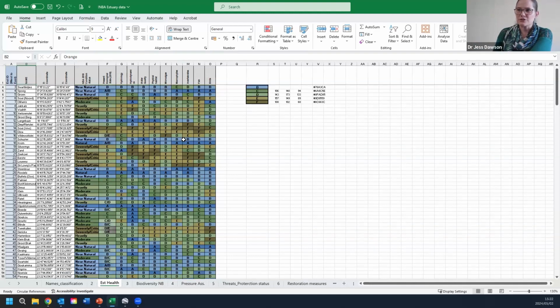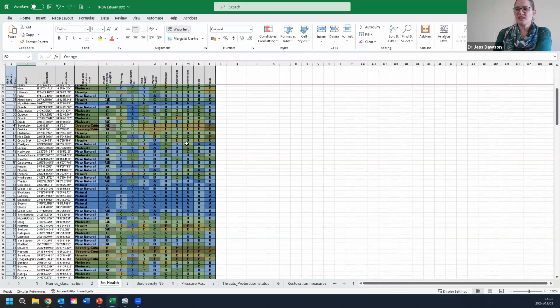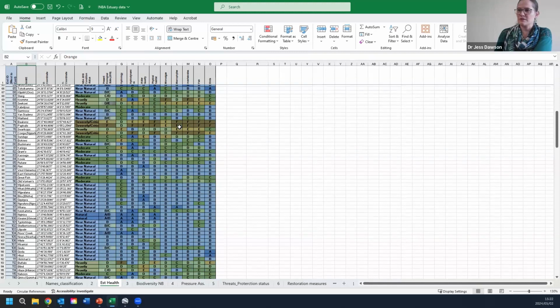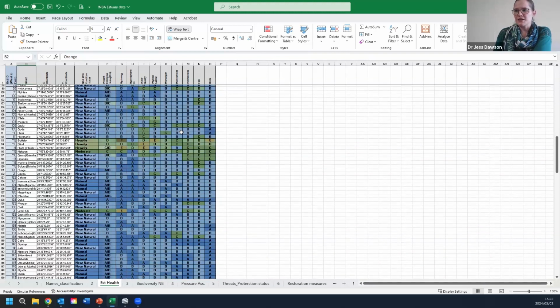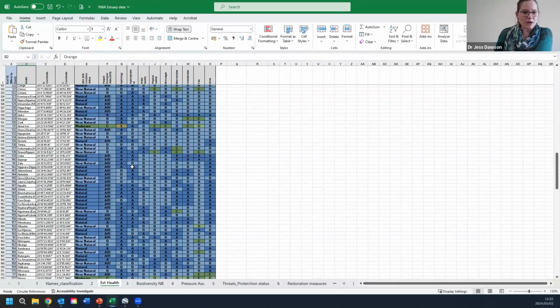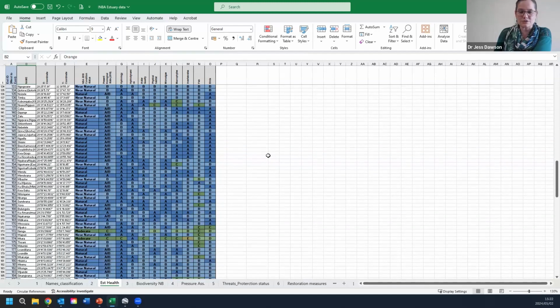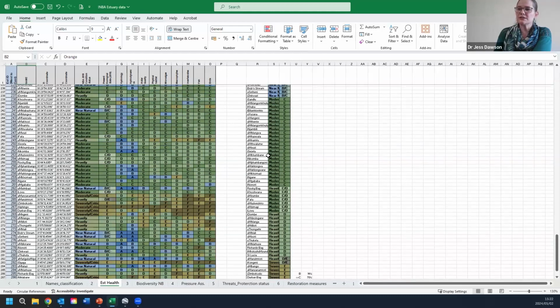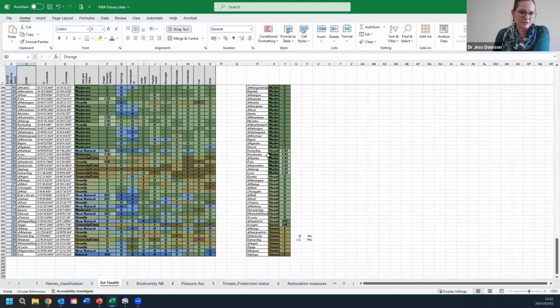You'll see that the estuary health changes. Over here we've got some great looking estuaries, some fair estuary health, and then an area of the Wild Coast, which is not very accessible and doesn't have as much urban area. We've got quite a lot of healthy estuaries. And then moving up into KwaZulu-Natal, you start to see estuary health decline again. So that's giving you a little bit of an idea of where we're going.